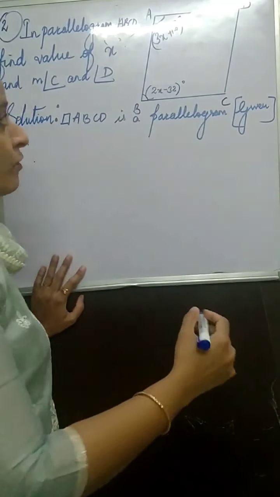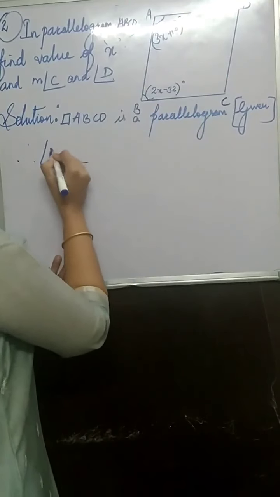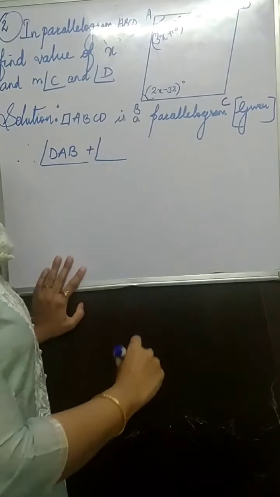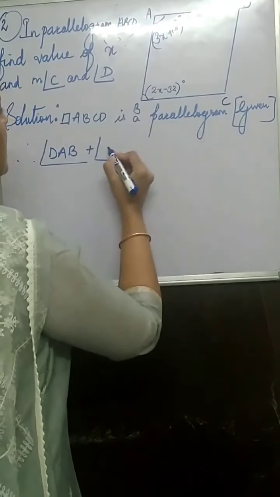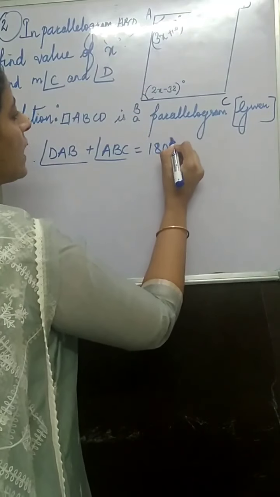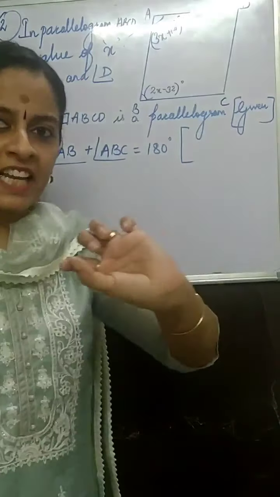Therefore, write the name of the adjacent angles: angle DAB plus angle ABC is equal to 180 degrees. Adjacent angles are 180 degree.